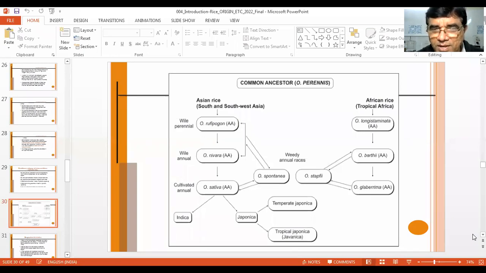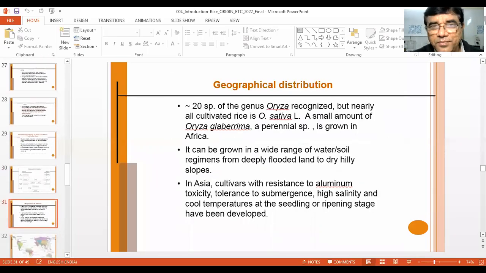Tropical Japonica means Javanica. So this is how the classification is made, or how the origin of these species or subspecies happened. For detail, I will give you some literature for those who are interested in knowing the genetics of this origin in detail.